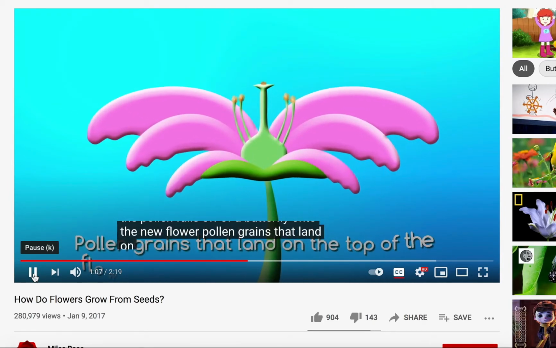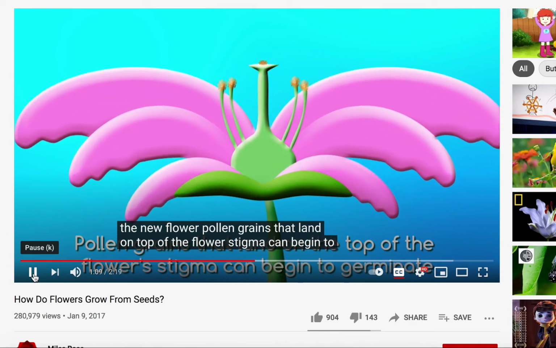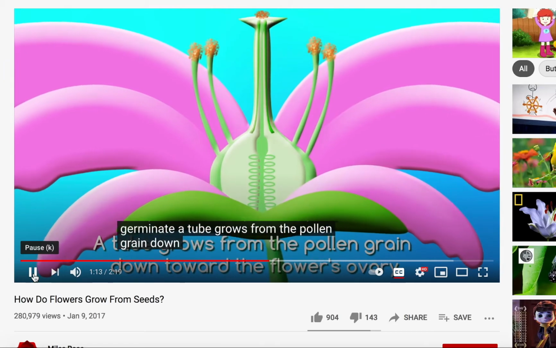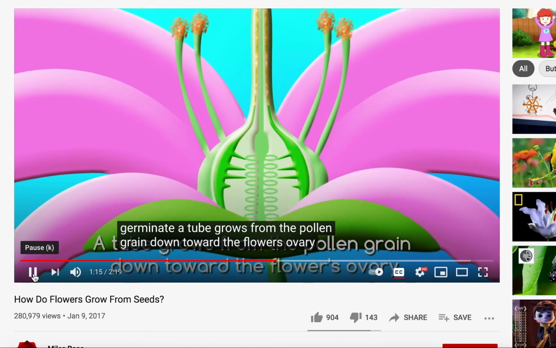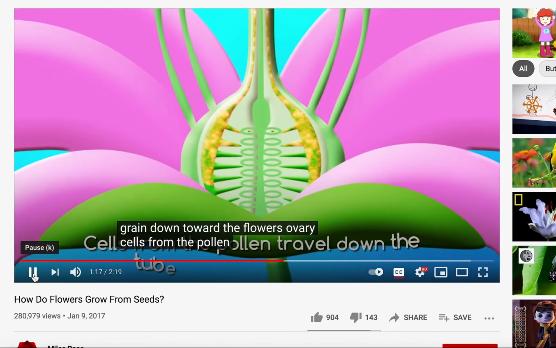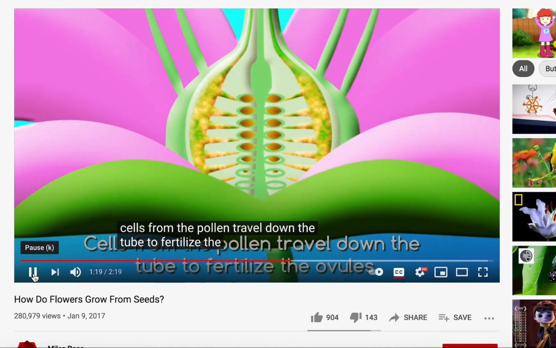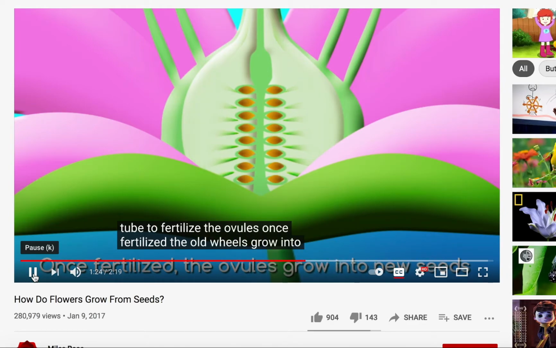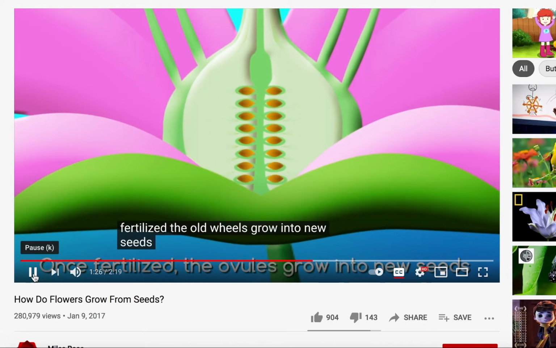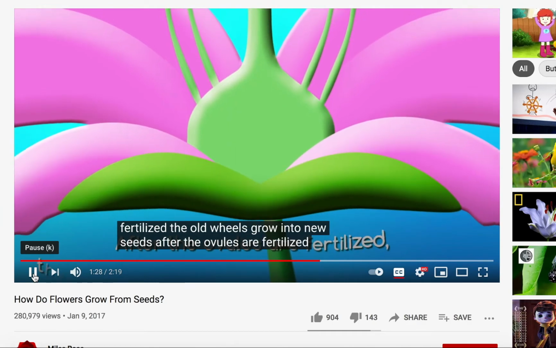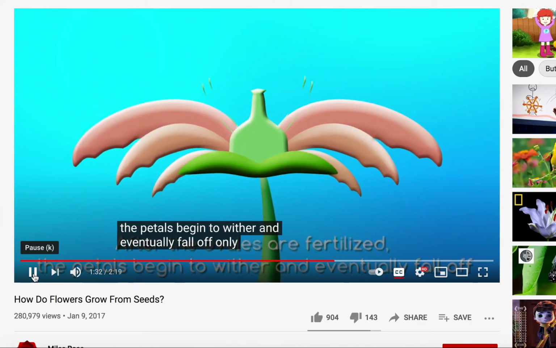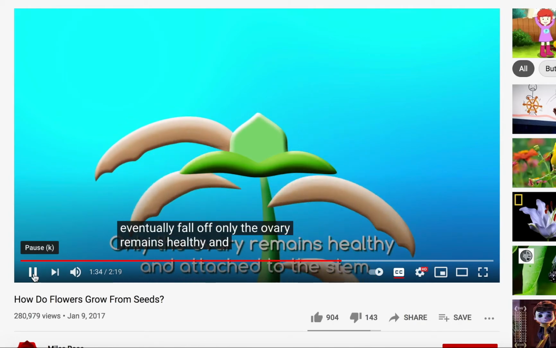Pollen grains that land on top of the flower stigma can begin to germinate. A tube grows from the pollen grain down toward the flower's ovary. Cells from the pollen travel down the tube to fertilize the ovules. Once fertilized, the ovules grow into new seeds. After the ovules are fertilized, the petals begin to wither and eventually fall off. Only the ovary remains healthy and attached to the stem.